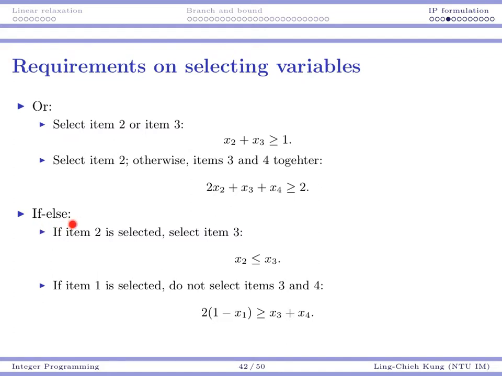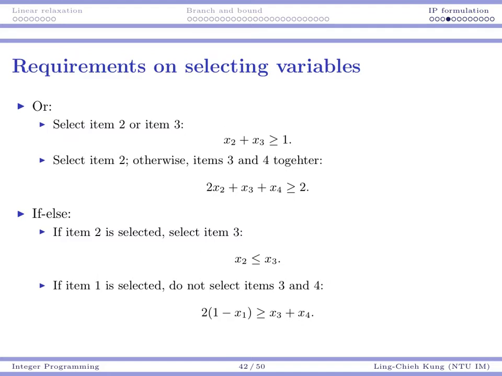You can even do something like if-else. If item 2 is selected, you must select item 3. To do this, you're going to use an inequality like this. If you select item 2, if x2 is 1, then your x3 must be 1. But if your x2 is 0, you have no restriction on x3.